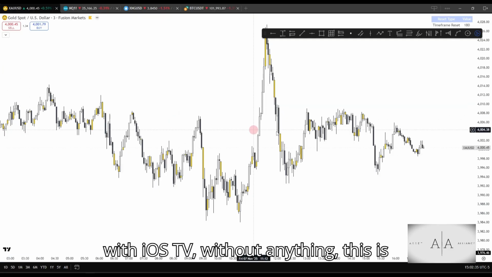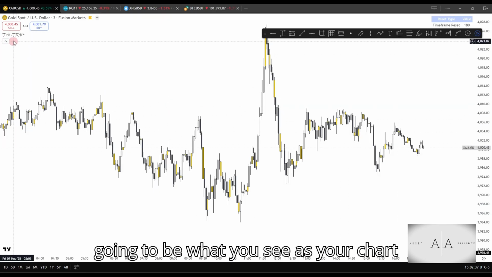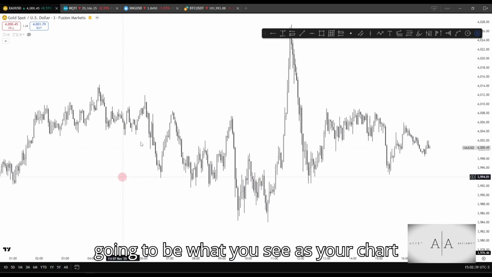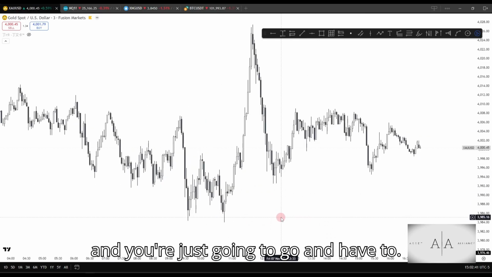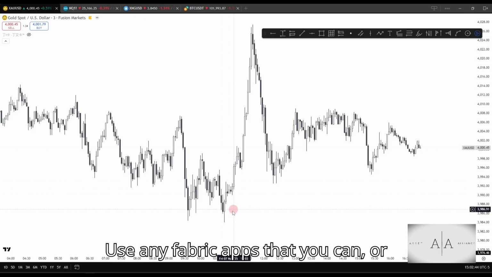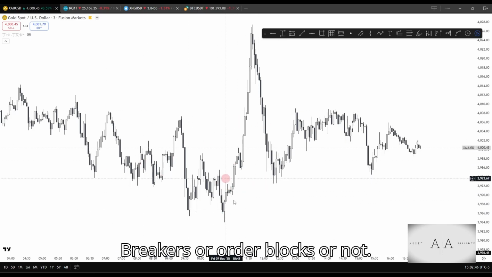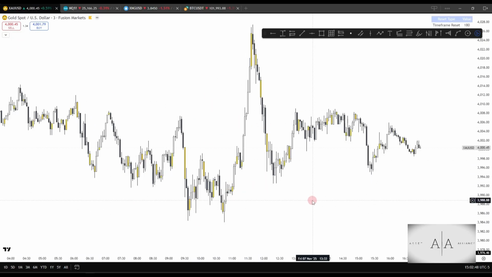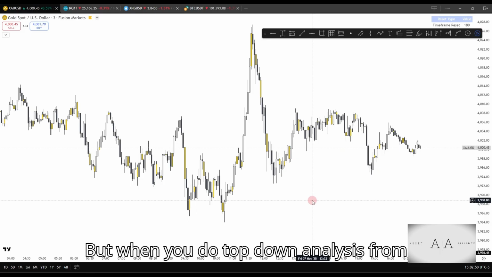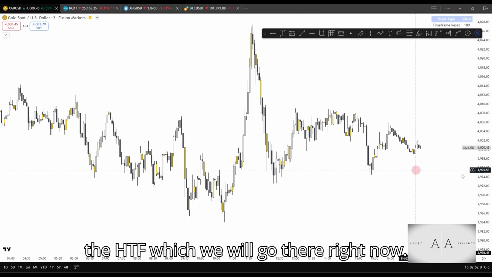Without anything, without tag, without OSTDV, without anything. This is going to be what you see as your chart, and you're just going to have to use any fair value gaps that you can, or breakers, or order blocks, and all that. But when you do top-down analysis from the HTF, which we will go there right now.